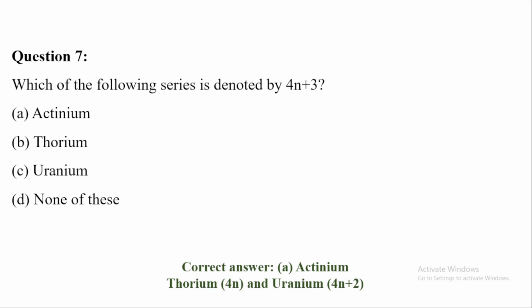But if you divide 227 by 4, for actinium, it will be the 4n plus 3 series. So uranium is the 4n plus 2 series.